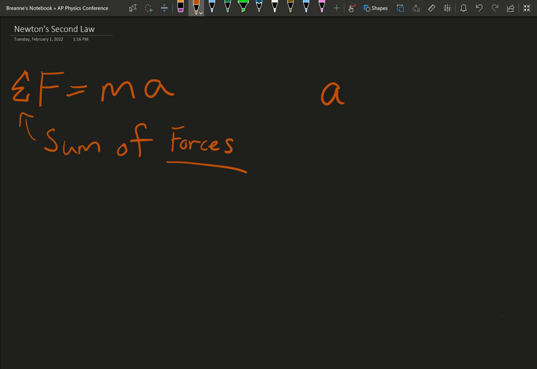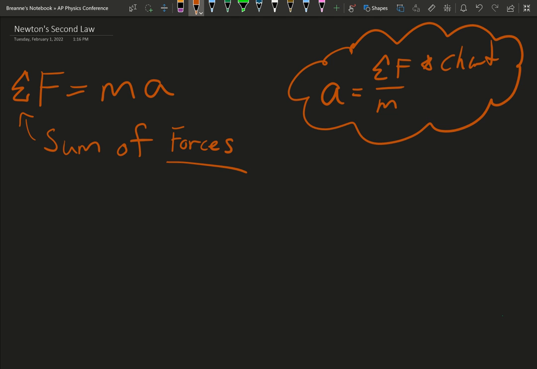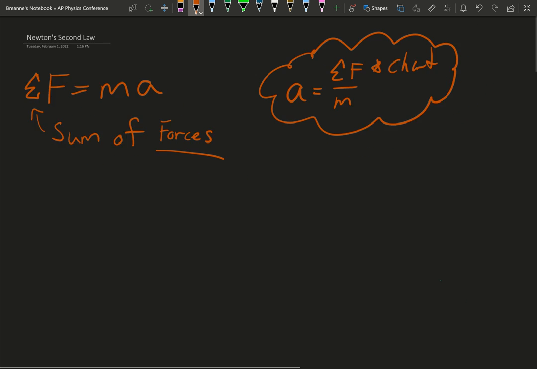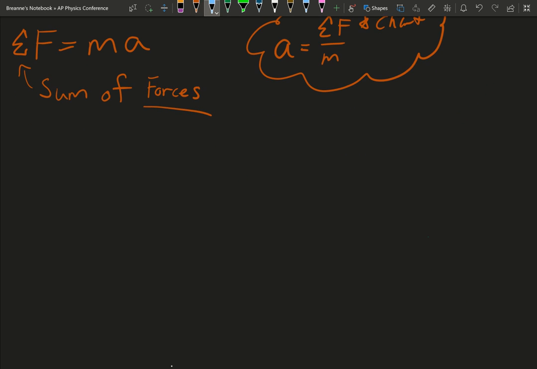If you look on your formula chart, it's actually written with acceleration, solve for acceleration. This is on your formula chart, but the way that we use it 90% of the time is just F equals ma.